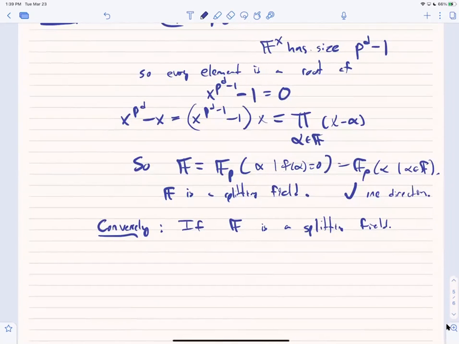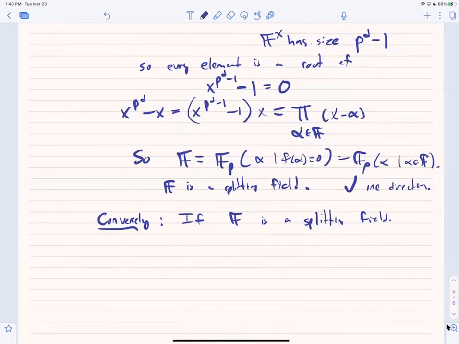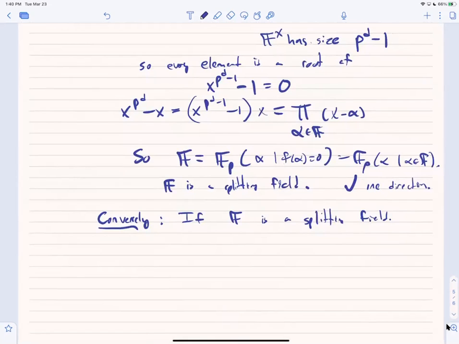well, I'm going to use one fact that we'll see. Okay, I see why I set it up like this. This way I don't have to use the fact. So there are two ways I could do this. Let me do it the way I set up though. So if F is a splitting field, F cross is cyclic.